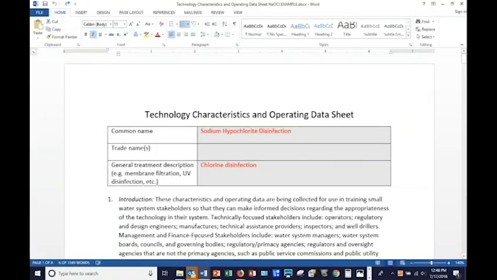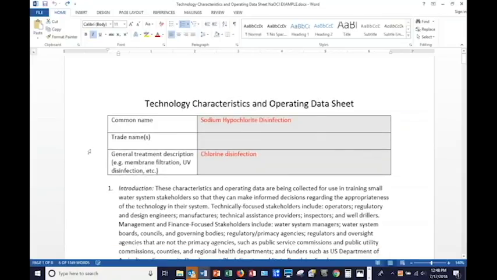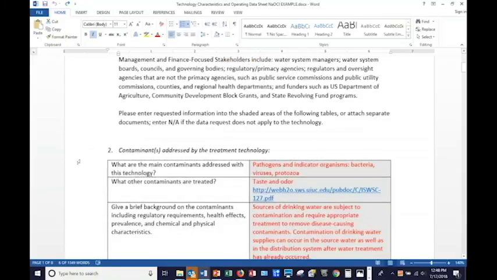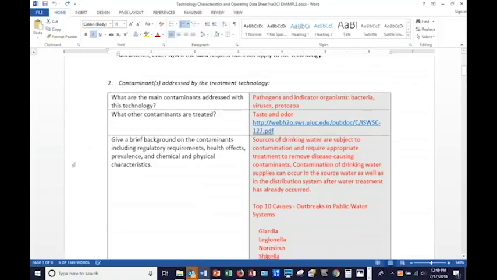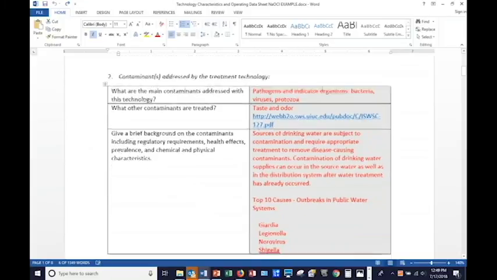All right, so this is what the technology characteristics and operating data sheet looks like for a simple sodium hypochlorite disinfection. And the stuff I've put in there is in red. So we come down here to the contaminants that are addressed. And so I just put in some information about, well, what is it that's after? And what other contaminants might be treated.